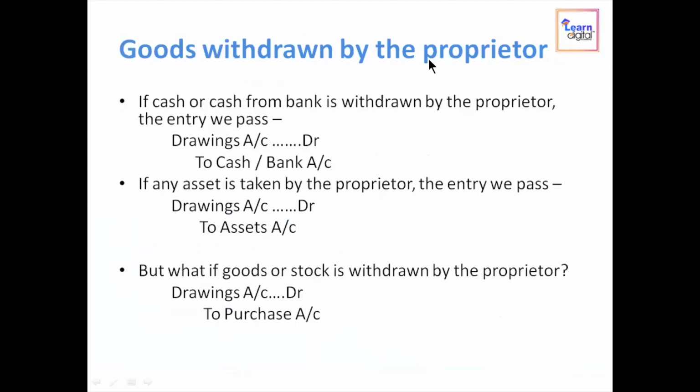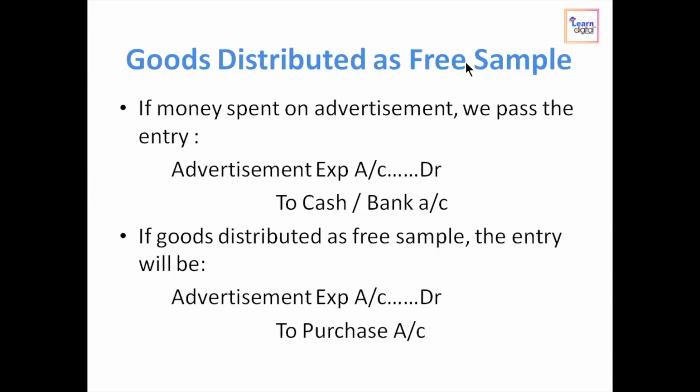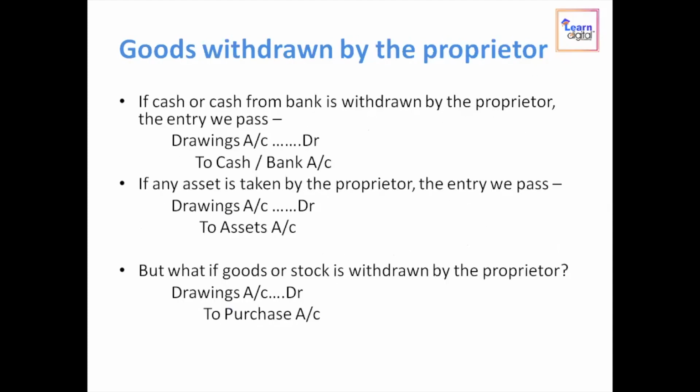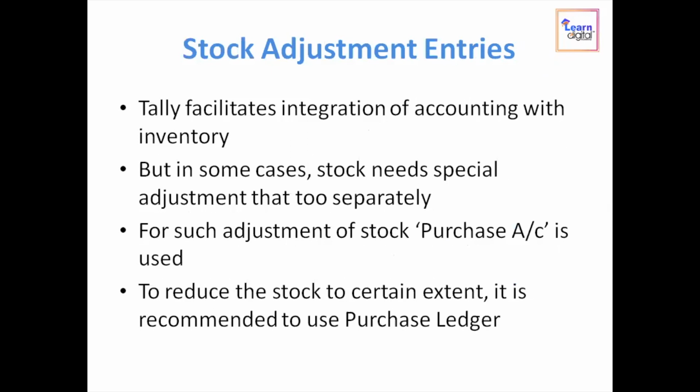For goods withdrawn by the proprietor, goods distributed as free samples, and goods destroyed by fire or any natural calamities, we use the purchase ledger on the credit side to adjust the stock that gets reduced. So this is how separate adjustment entries can be done for stock adjustment.